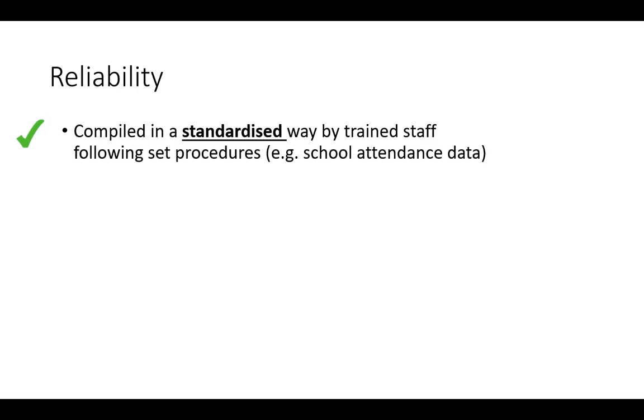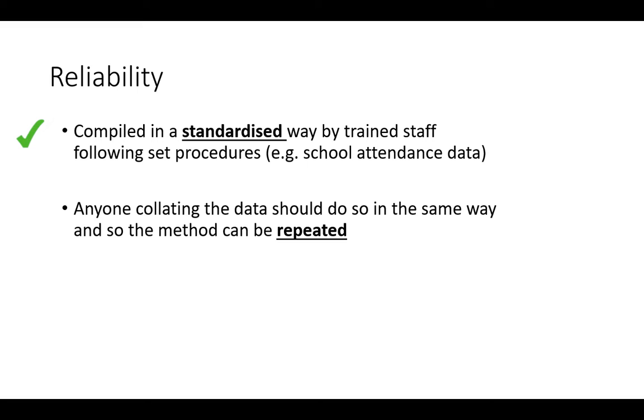We use an N, and that's because that is the agreed code, and it is standardised. It's the same every single time. So what that means is that attendance data is reliable. It is compiled in the same way each time, and it gets the same or similar results.